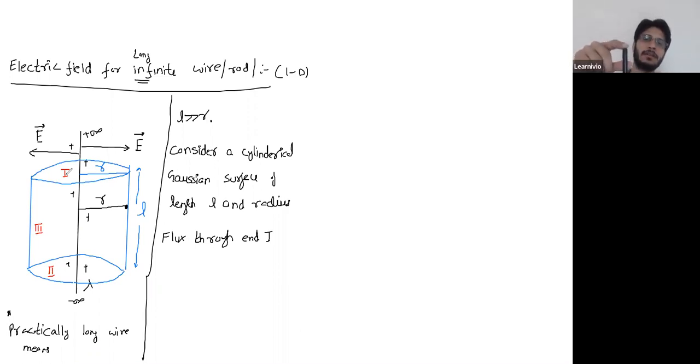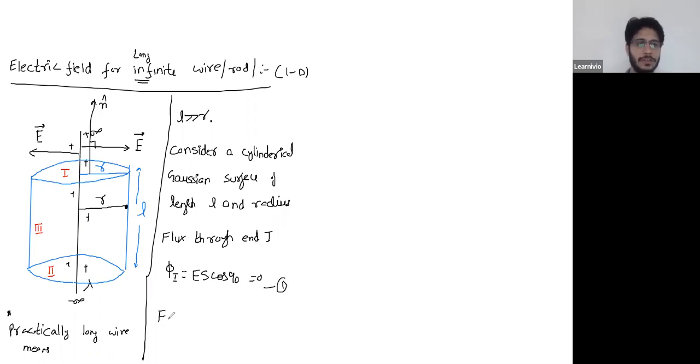The direction of the area vector is always perpendicular to the area, so for this case it is upwards. So for end one, flux phi1: this is the direction of area, and the angle between them is 90 degrees. So this is ES cos 90, which is 0. So through end one, flux is 0.